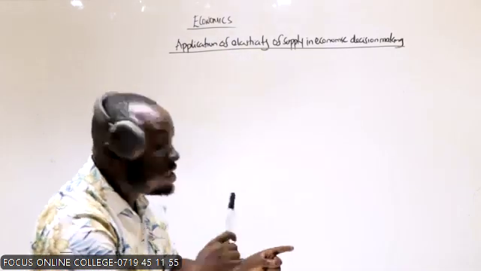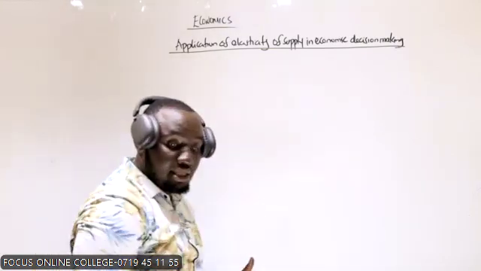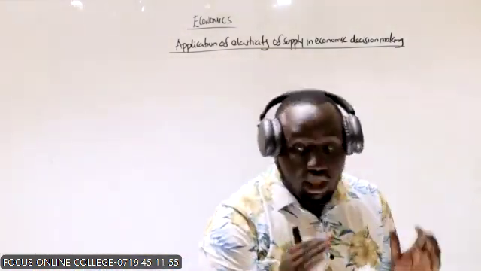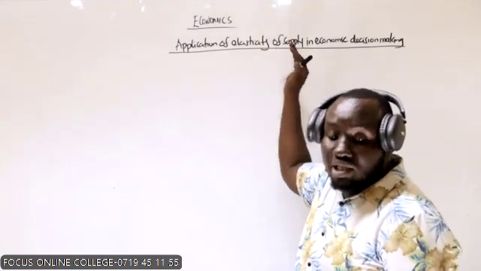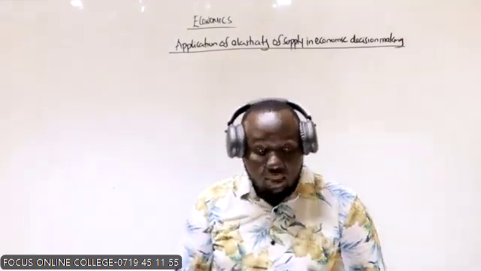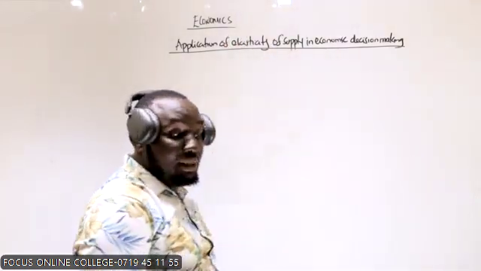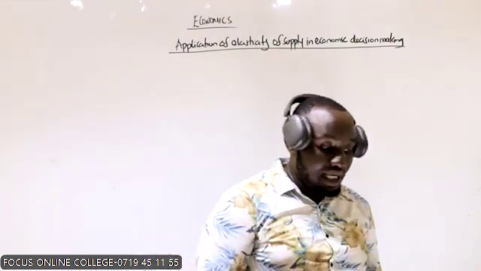We say that the farms or the producers use it to set the prices. At the same time, the government can use this concept to formulate the tax policy. But I am also saying that the concept of elasticity of supply can be used by the government to set prices.